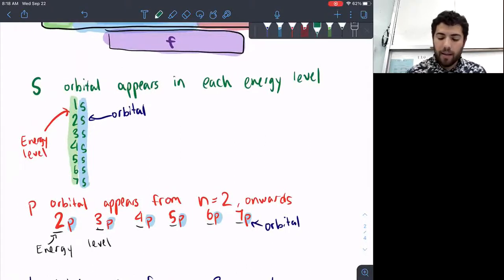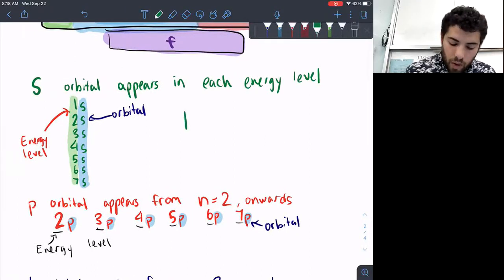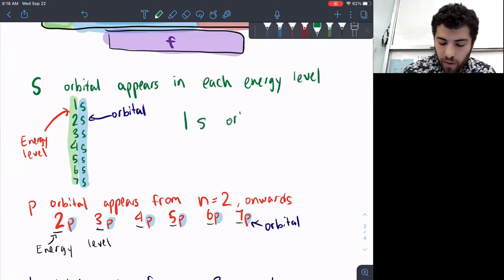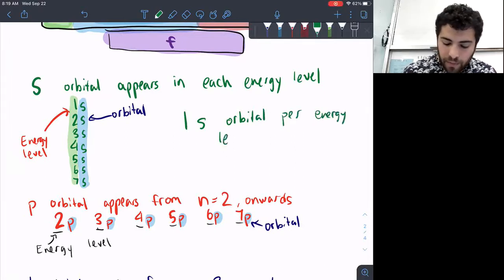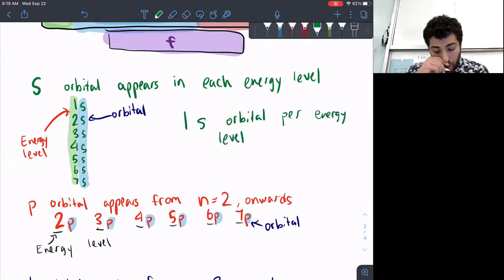So we're going to add to this. There's only one s orbital per energy level. And now that orbital, again, if we think about the shapes, is a sphere.